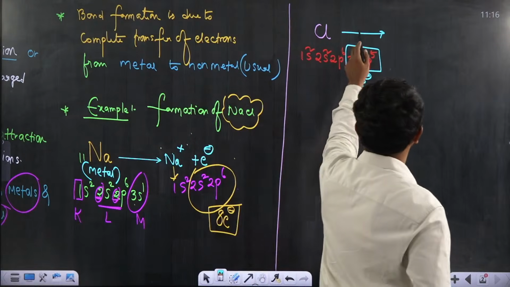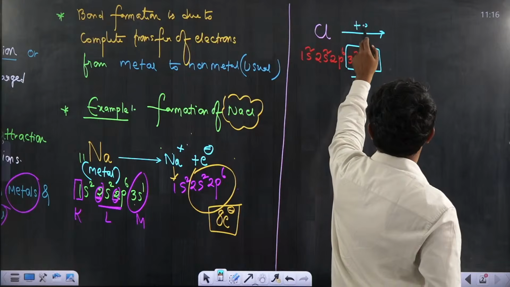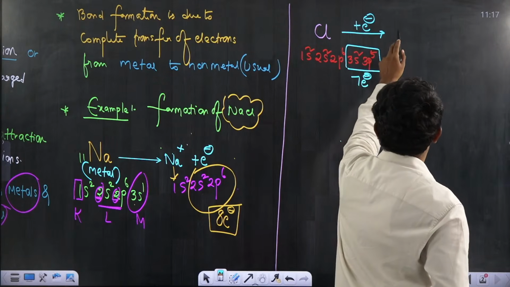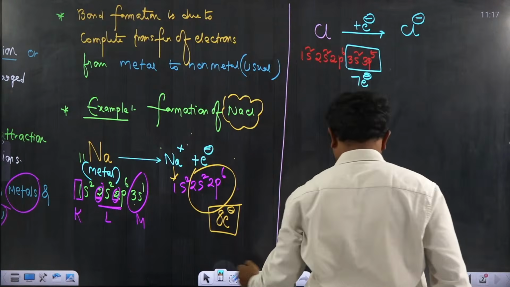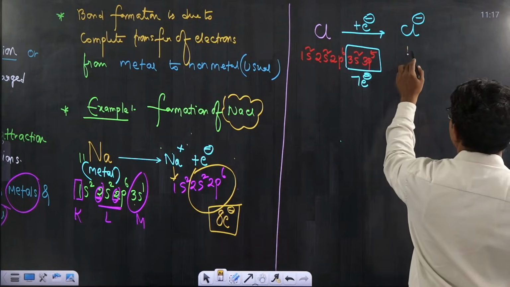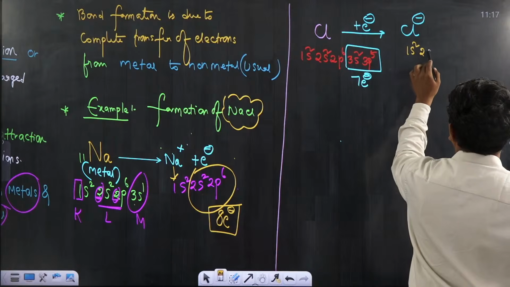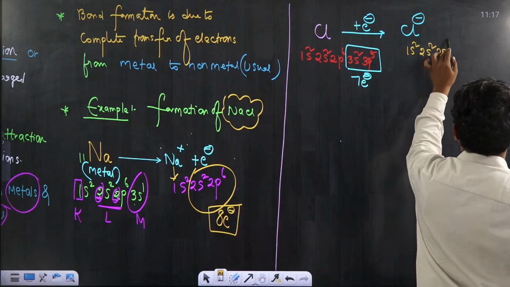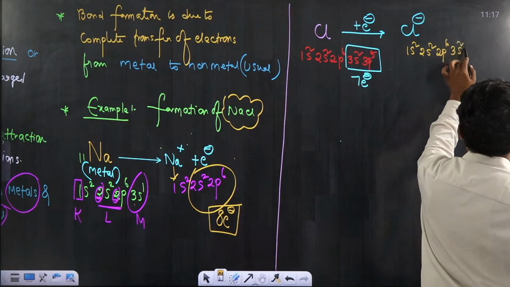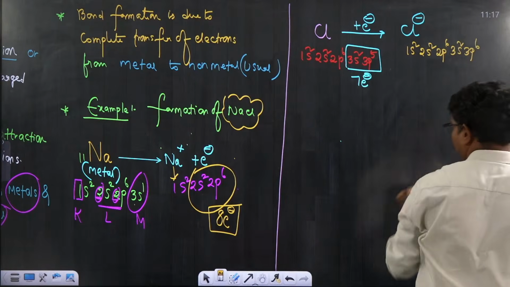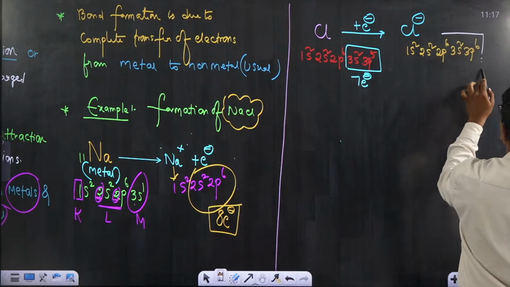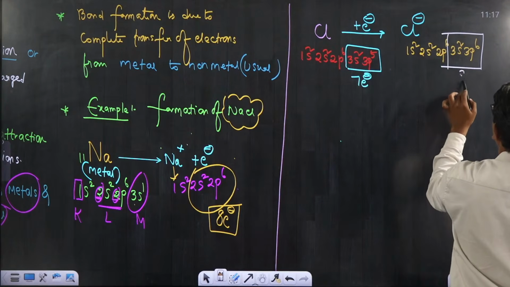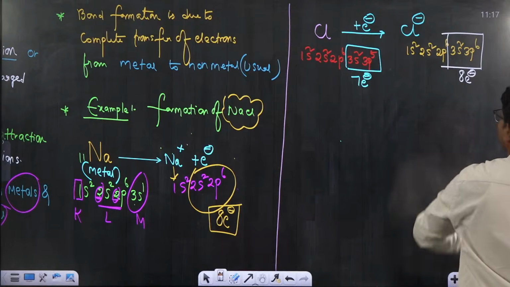If it is able to take up one electron, it achieves the octet configuration. Now the electronic configuration of chlorine becomes 1s2, 2s2, 2p6, 3s2, 3p6. If you observe the valence shell configuration of chlorine in Cl minus, it has 8 electrons.